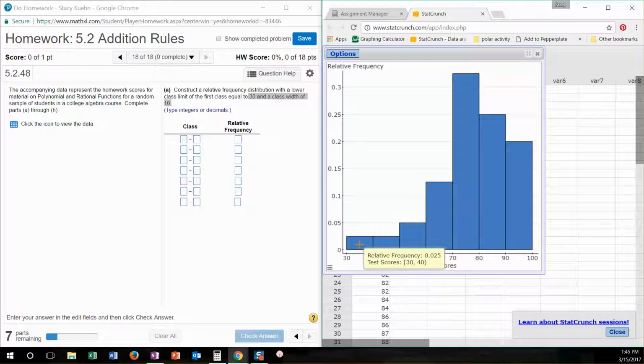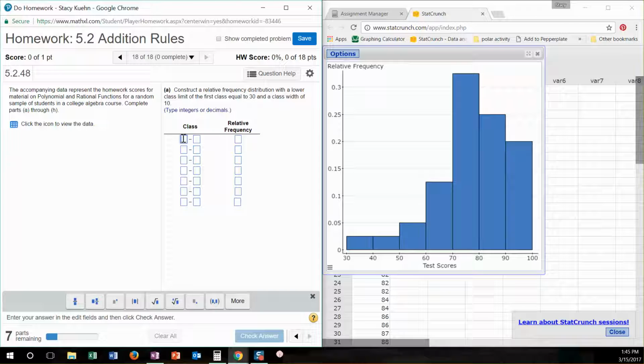So for the first leftmost bar, which has a class of 30 to 39, on your screen you can see that it says 30, 40, but we can't include 40. That's what the parenthesis means.